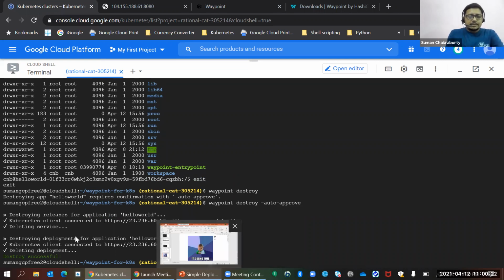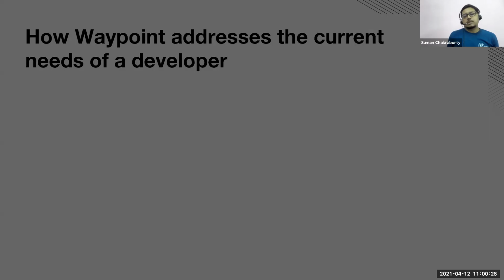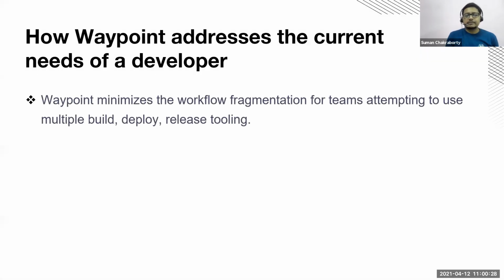So then coming to my last few slides, how Waypoint addresses the current needs of a developer. As we saw here, Waypoint instills confidence in managing an application on the platform. It helps to create a homogeneous workflow in maintaining the build, deploy, and release workflow for an application.